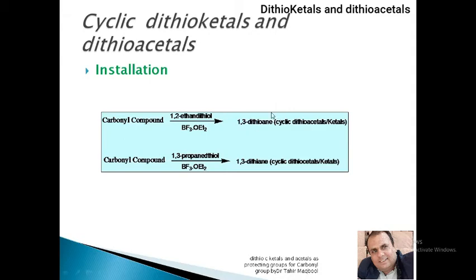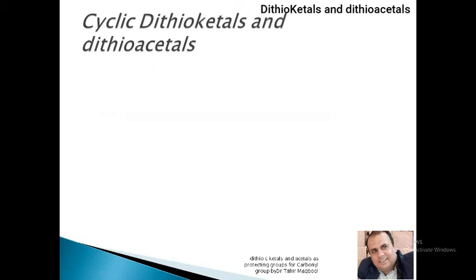If you treat with 1,2-ethanedithiol, you get a 1,3-dithiolane, that is a cyclic dithioacetal or ketal. Similarly, if you treat the carbonyl compound with 1,3-propanedithiol, you will get a 1,3-dithiane. This is the 5-membered ring containing 2 sulfur atoms, and this will be the 6-membered ring containing 2 sulfur atoms.